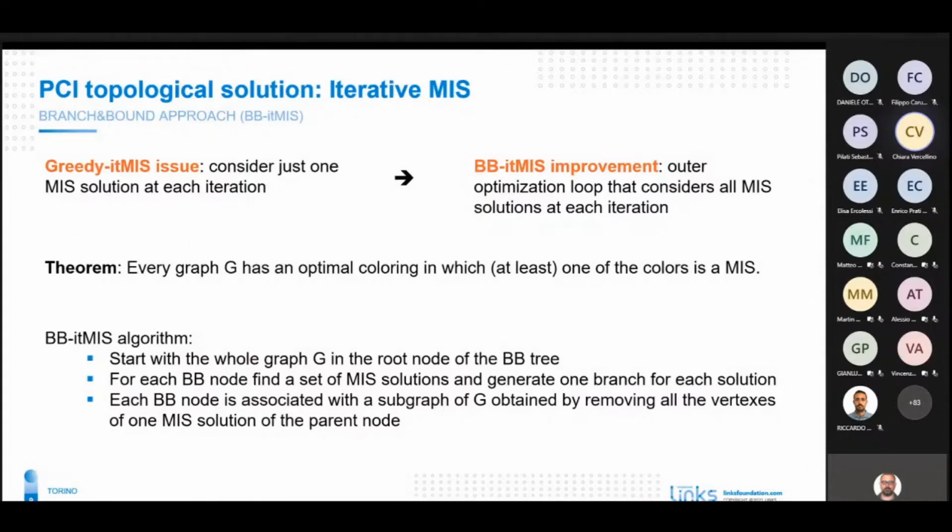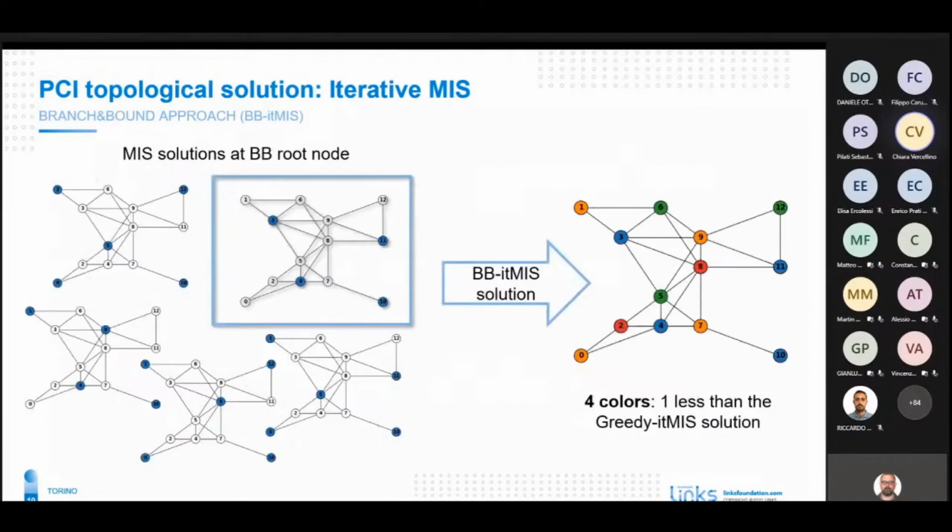The branch and bound approach starts with the whole graph in the root node of the branch and bound tree, and then at each step it branches on the MIS solution to generate other branch and bound nodes. And thus it iterates, exploring the branch and bound tree, obtaining multiple graph coloring solutions.